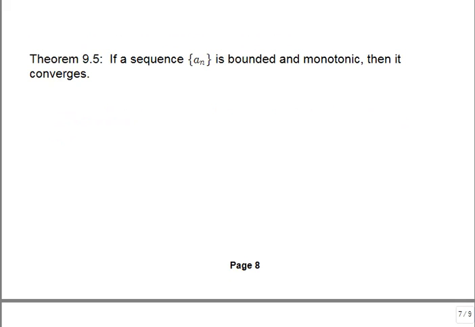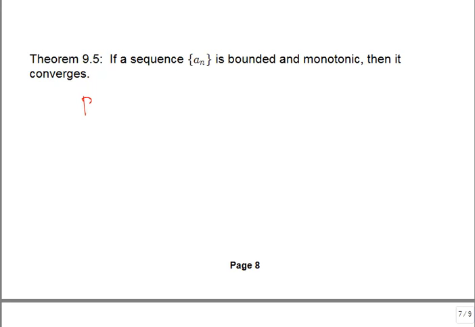Now we have a theorem that says that if you have a sequence a sub n that's bounded and monotonic, then it converges. Okay, so we know what monotonic means. That means it's either staying the same or increasing, or staying the same or decreasing. If it's bounded, that means that you're either bounded from above or from below.